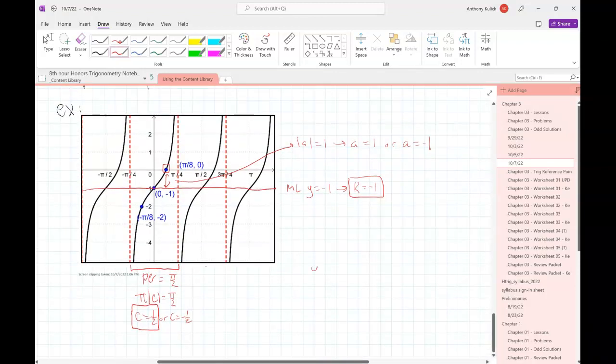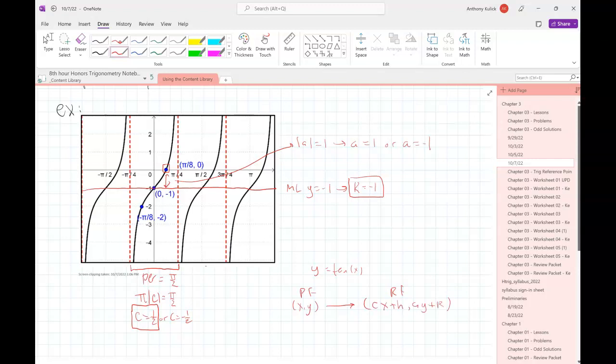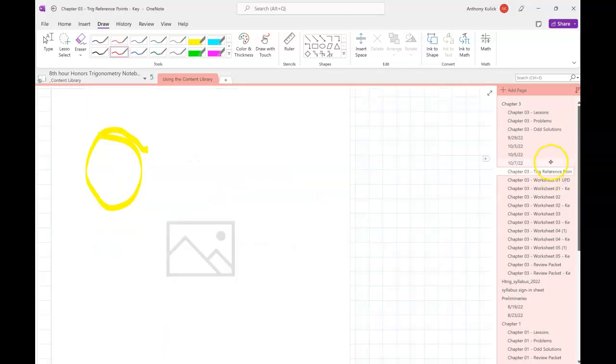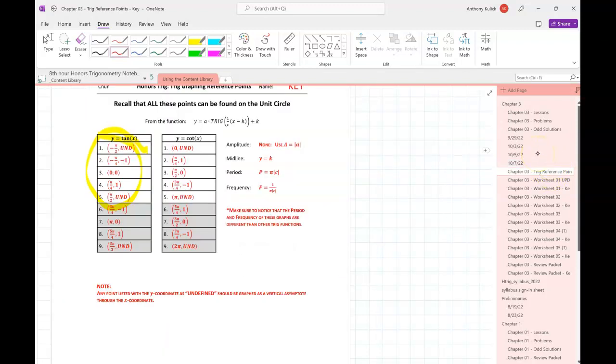The last thing we need to do is to figure out the values for h and the sign for a. So I'm going to pick a point from my parent function and use my transformation map to figure that stuff out. If I look at my reference points, which of these points from tangent do you suppose I want?